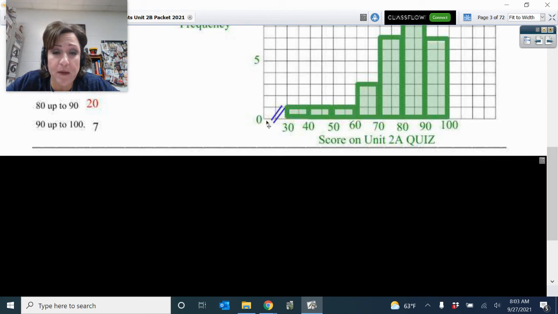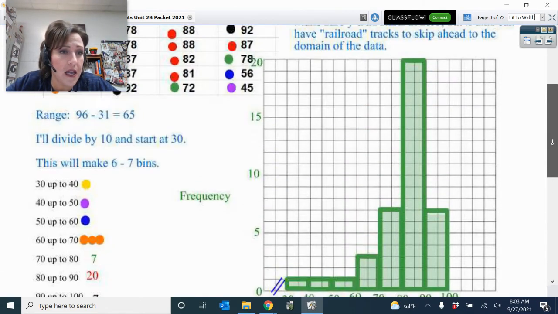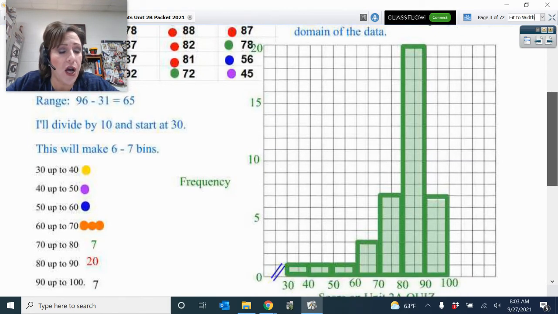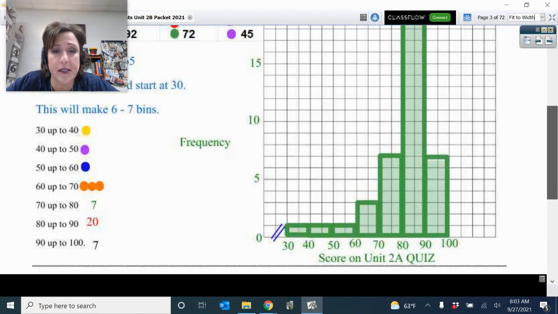So here I'm going to jump ahead from 0 up to 30, and skip all that space in between. So I've got 30 to 100, and I decided to go by tens. So I divided by 10, and I'm starting at 30. So this is going to make me 6 or 7 bins.